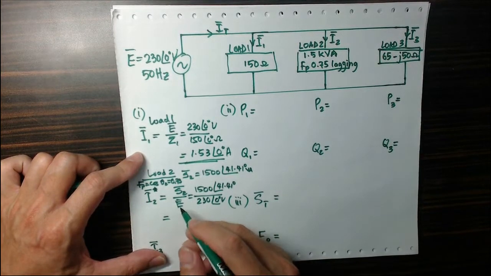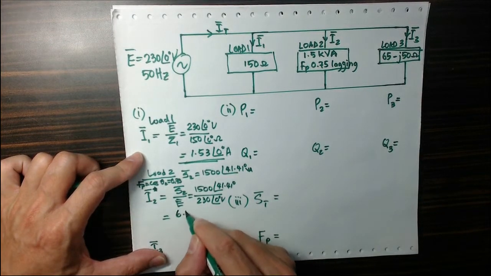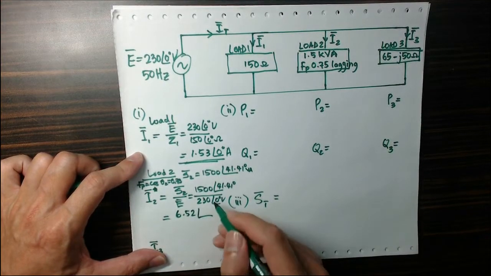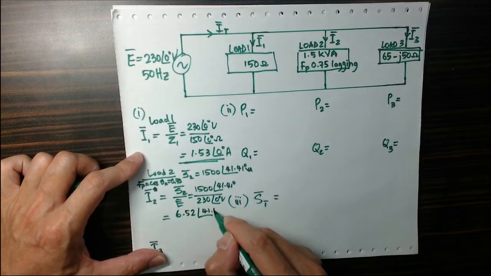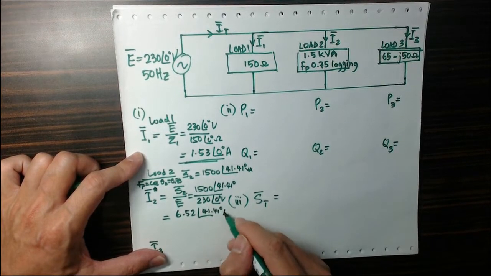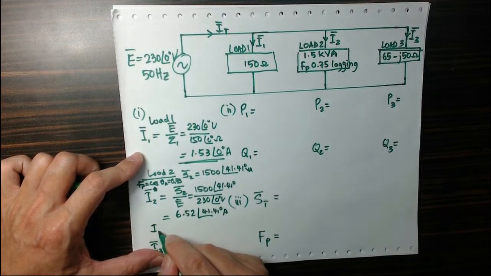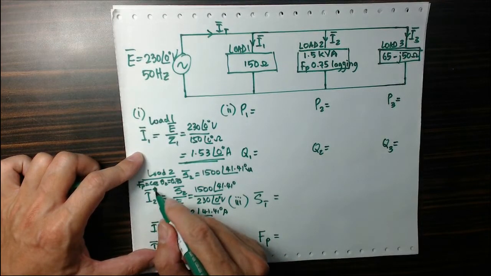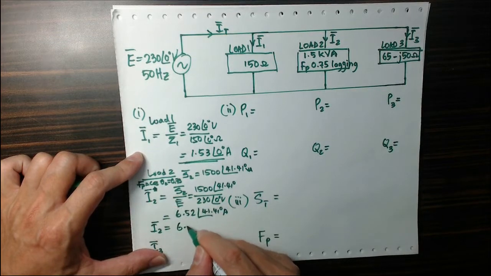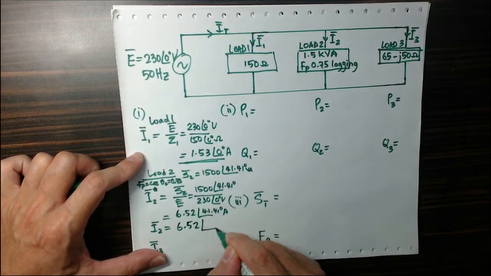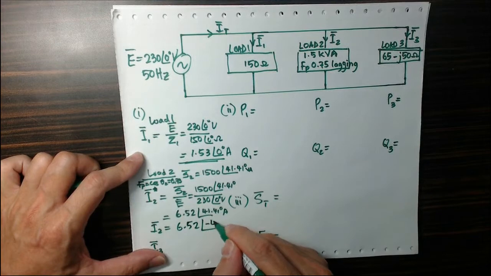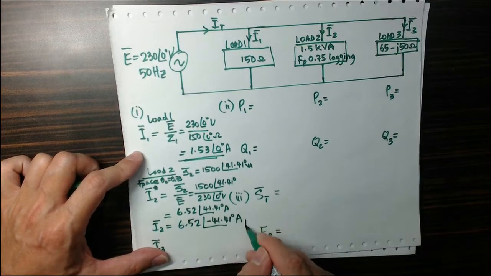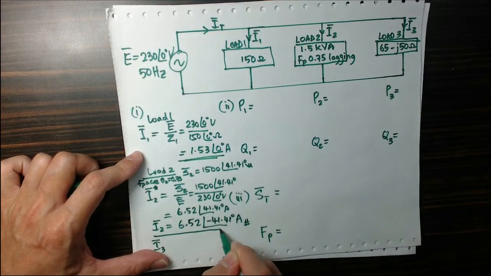So the current I get from here will be 6.52 angle 41.41 degrees amps. But I2 will be the conjugate, so that will be just the same value but with a mirror image angle. So that is I2.